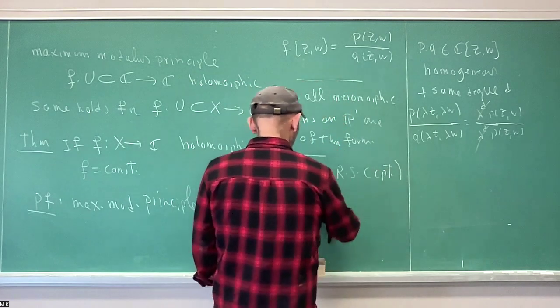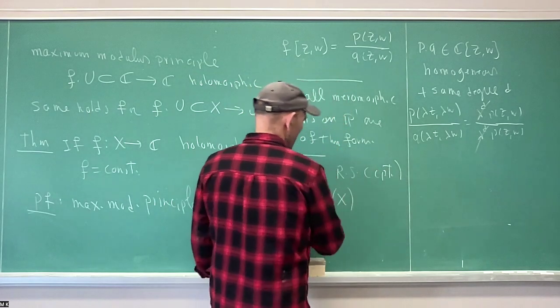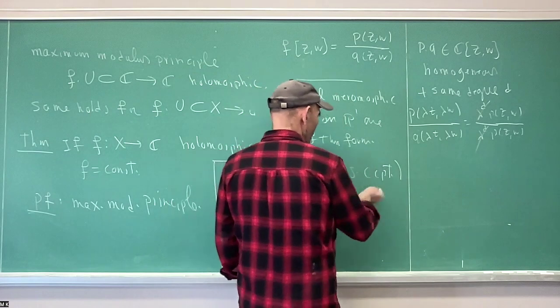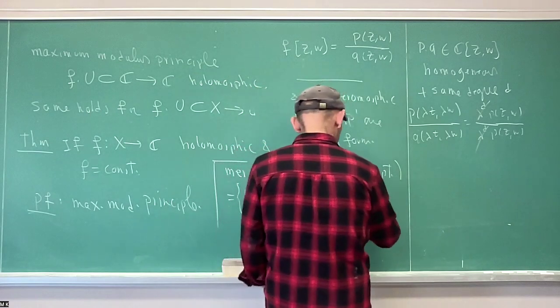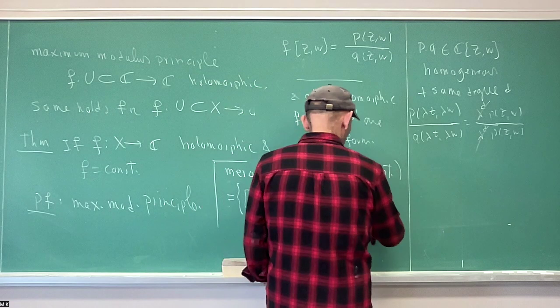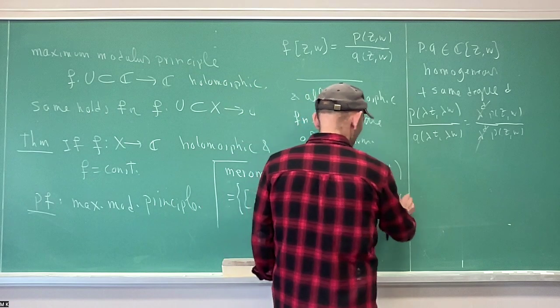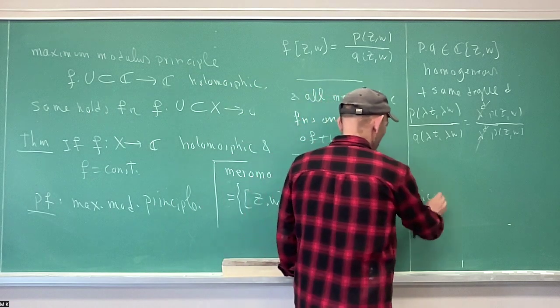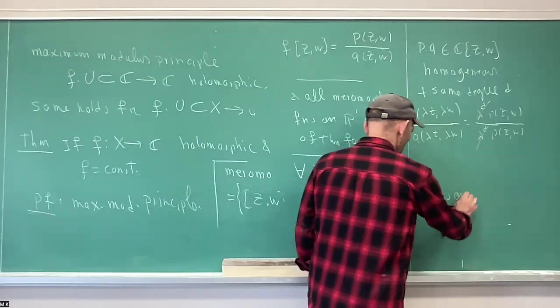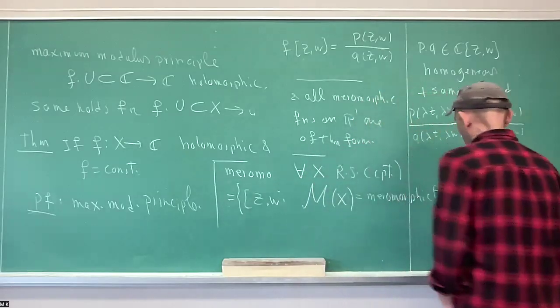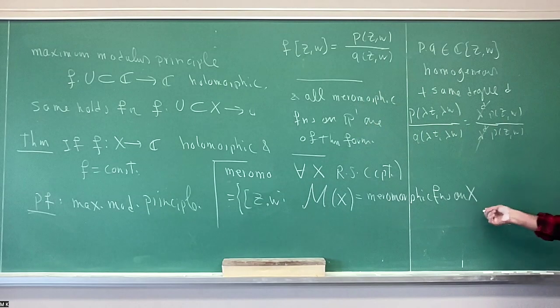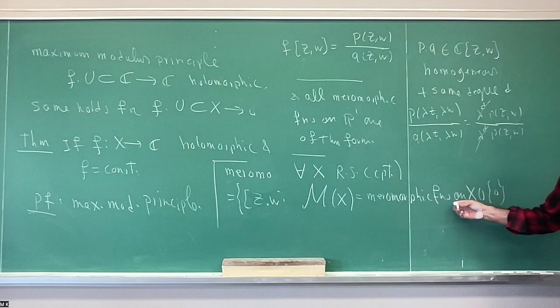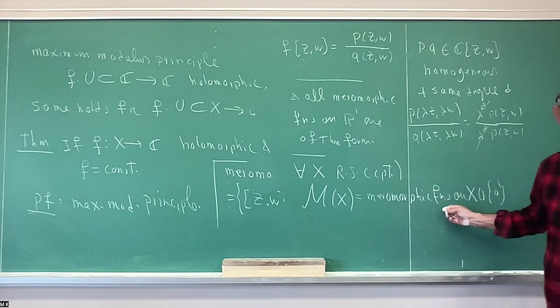Then you can look at M of X, the set of all meromorphic functions on X. The way I define meromorphic functions kind of excludes zero, so I just add zero to this as well. Now, M of X is a field.